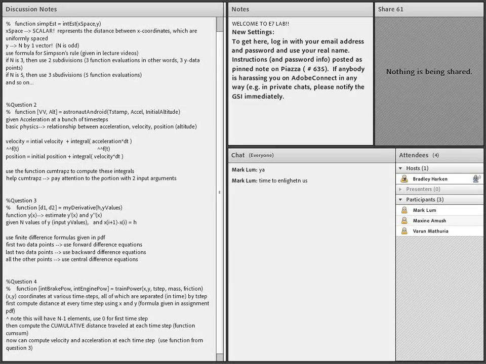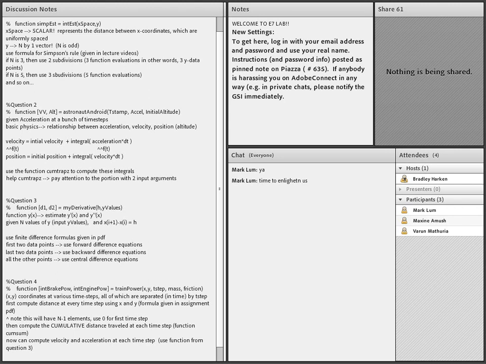So once you have the derivatives, you have the velocity and acceleration, then you can compute the force on the train at each time step. And there's a formula for that that's given in the assignment PDF.